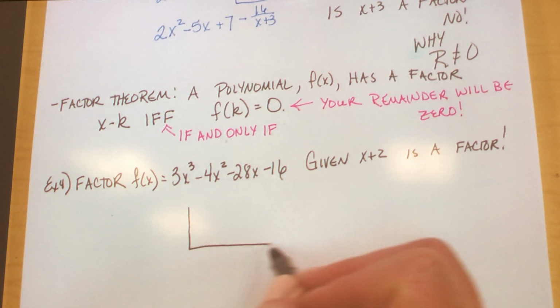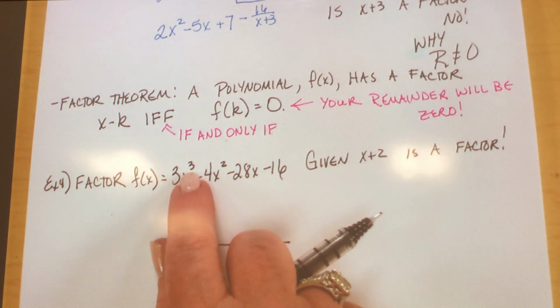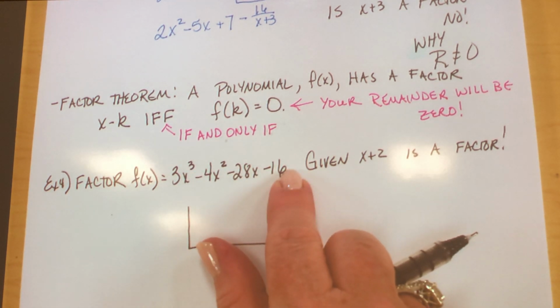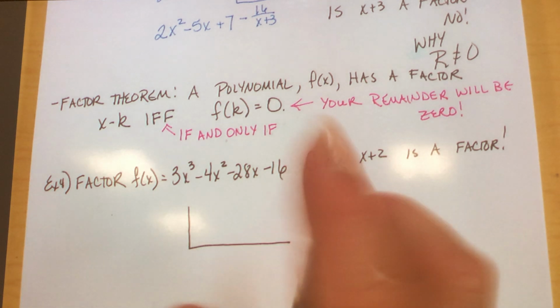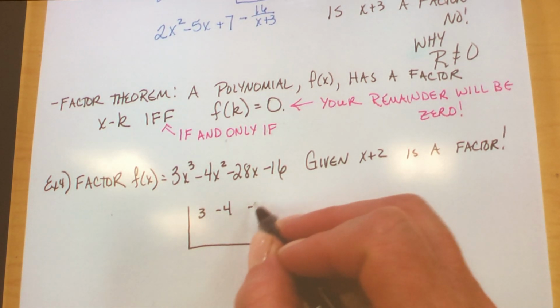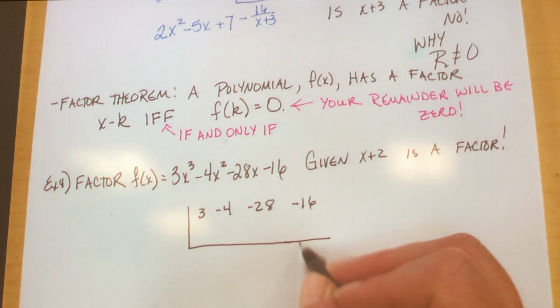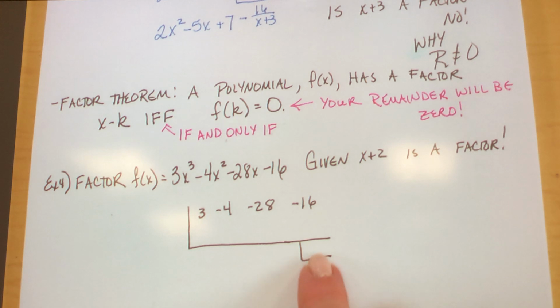So, what do I check first? I'm checking exponents. 3, 2, 1, 0. And then I'm writing my coefficients down: 3, negative 4, negative 28, and negative 16. Now, do I know what this remainder is supposed to be?